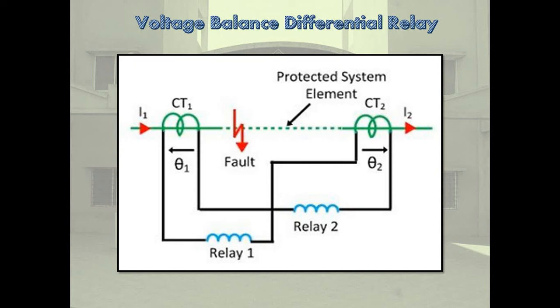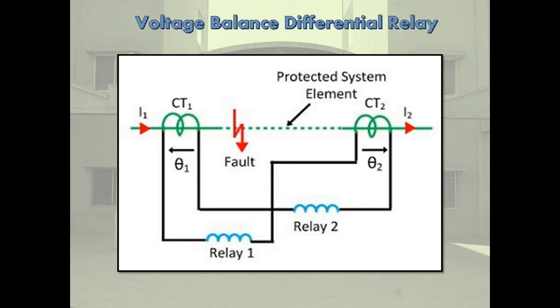Differential relays are ideally suited for protection of compact items of electrical equipment such as generators, bus bars, transformers, reactors, motors, and short transmission lines. Various applications of differential protection are listed. This type of protection scheme can be used for protection of generators, transformers, generator transformer units, and transmission lines.